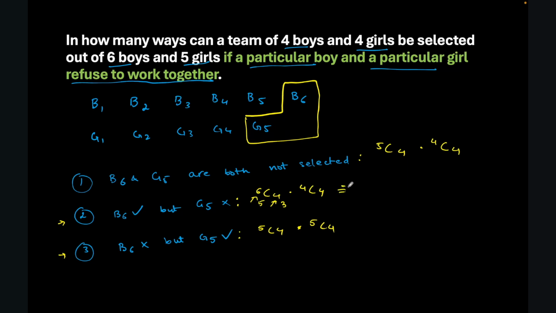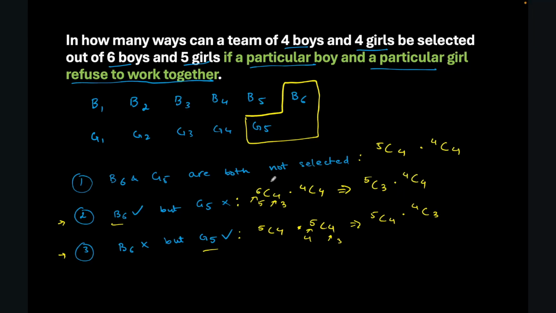So this is actually supposed to become 5c3 times 4c4. Similarly, if we've already claimed that girl 5 is selected, then this must be 4 and this must be 3. So this setup should be 5c4 times 4c3. I hope that makes sense.